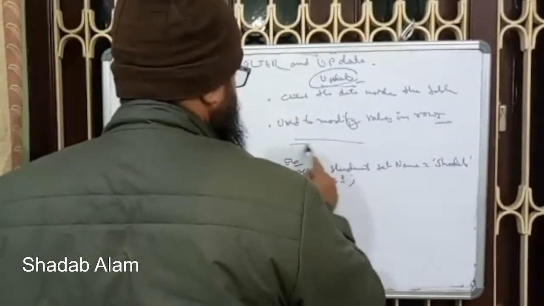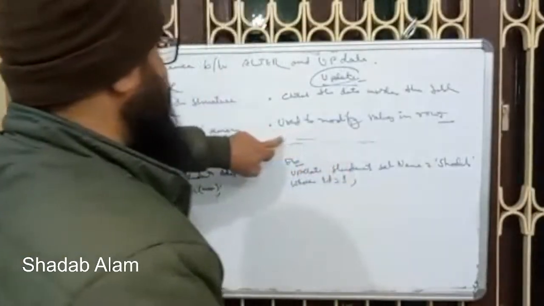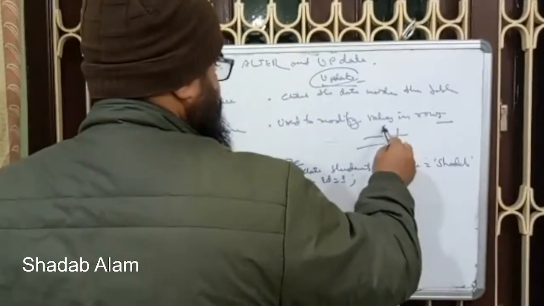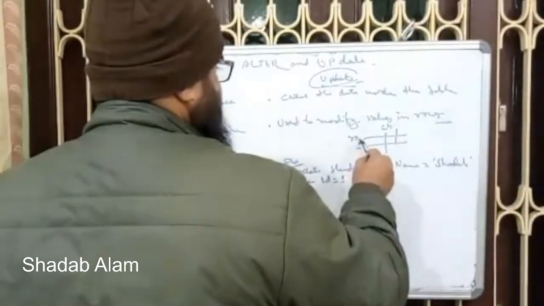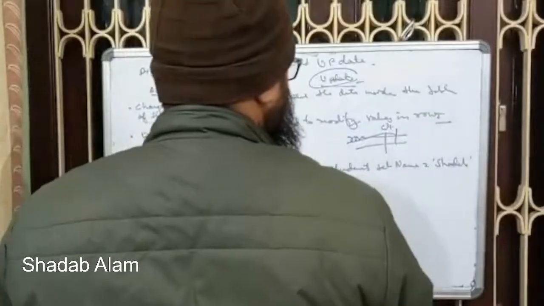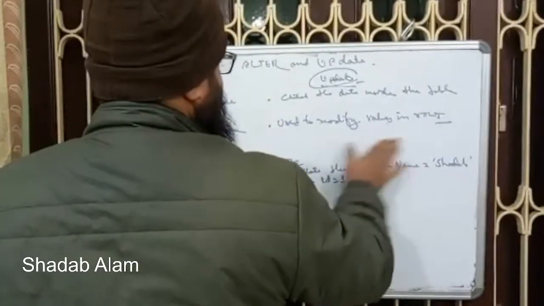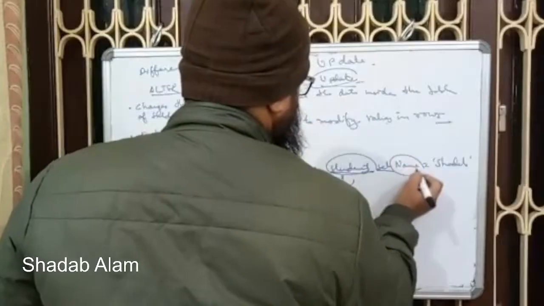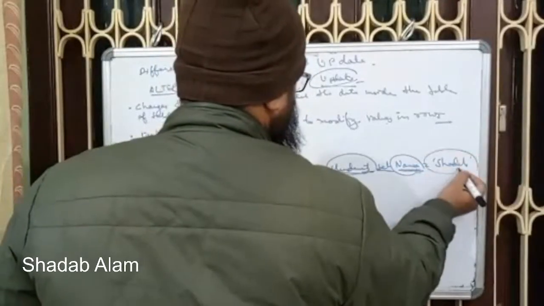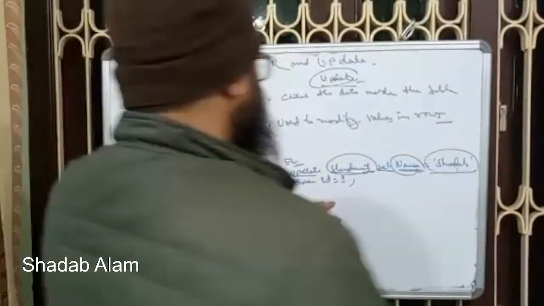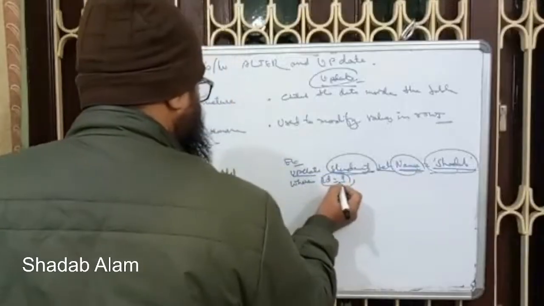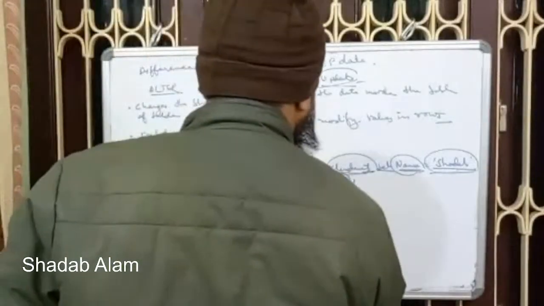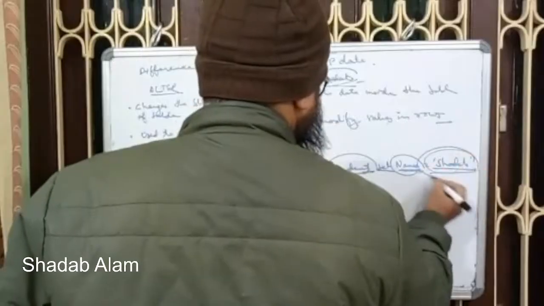In UPDATE Students, the table name, SET Name equal to Shadab WHERE Id is 1, the name is set to Shadab where id is 1.